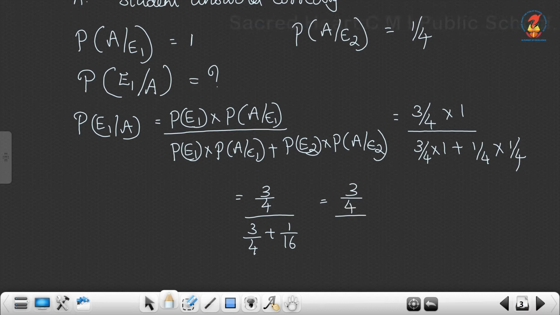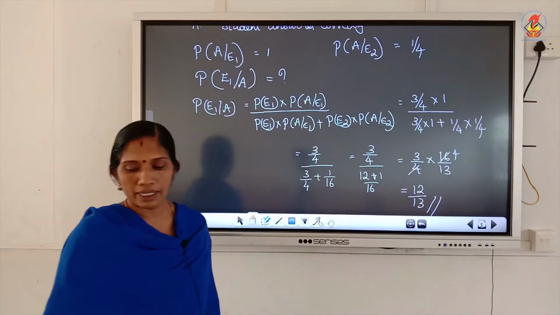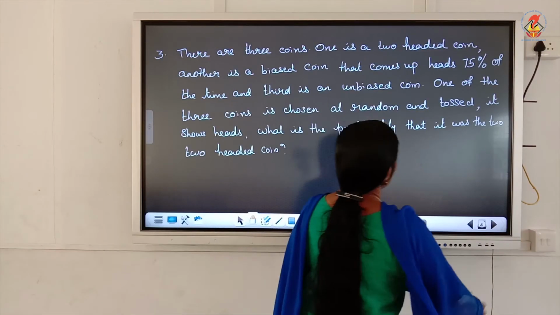Taking LCM in the denominator, 16 is the LCM. So we have to multiply by 4 here. 4 into 3, 12. So 12 plus 1, 13. 13 by 16. It's equal to 12 by 13. So that is the required probability.